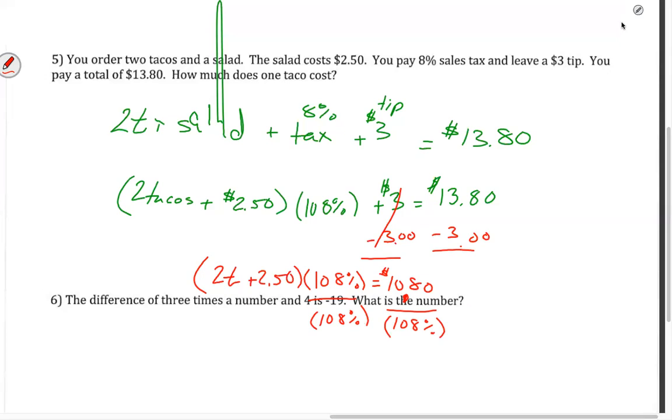Now, who has a phone? Can you do 1080 divided by 1.08? So when I divide these two things, I get $10. So I have 2T plus 2.50 equals $10.